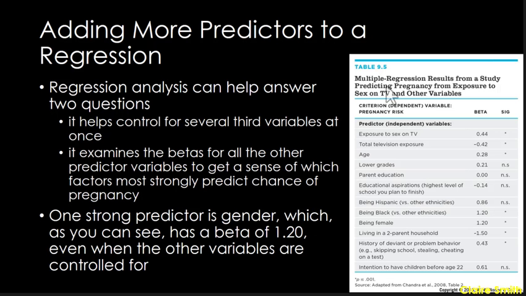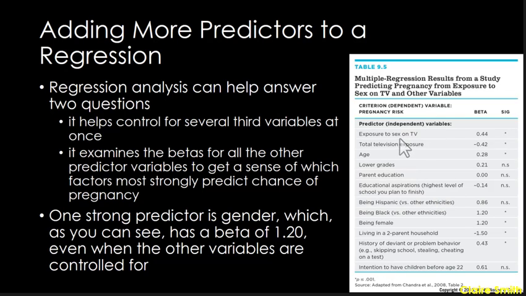So up to this point, we talked about pregnancy risk and exposure to sexual TV content, and looked at just one other variable, which is age. But if people were actually doing the study, they would include as many independent or predictor variables as they could.